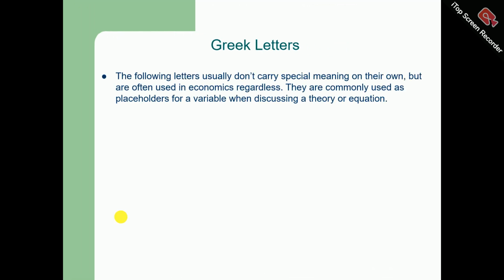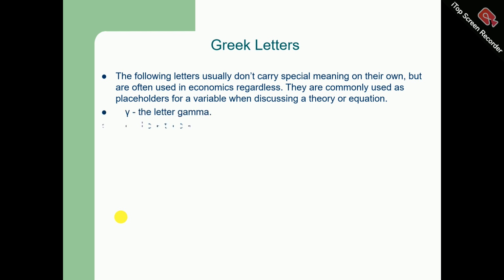There are some other Greek letters which usually don't carry special meaning on their own, but are often used in economics anyway. They are commonly used as placeholders for variables when discussing theory or equations.